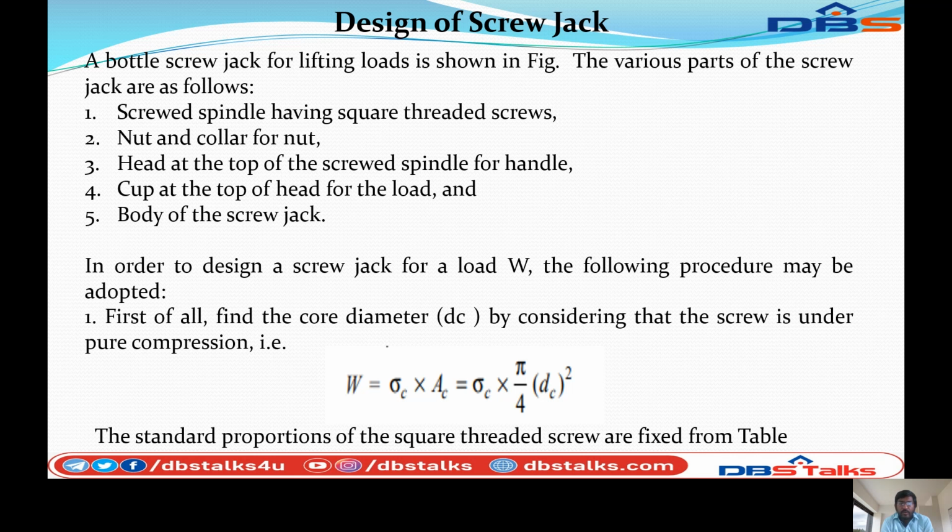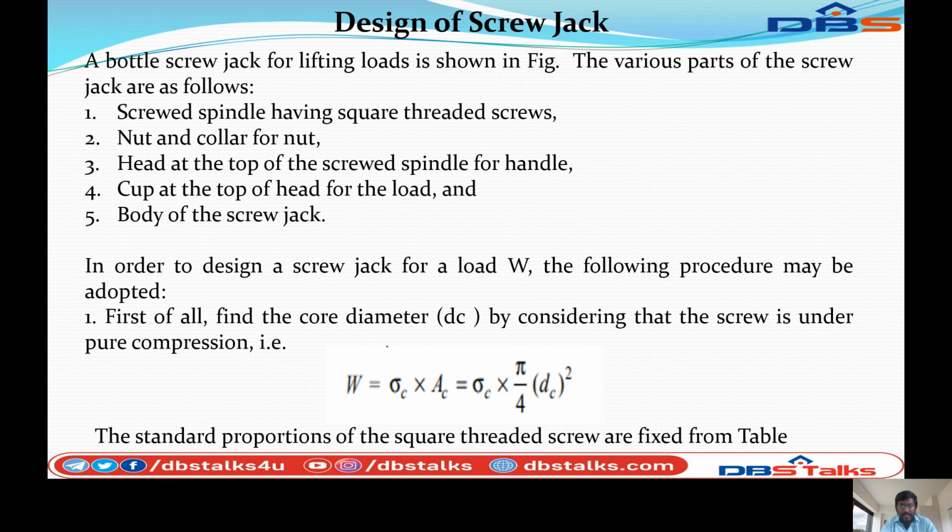The various parts of the screw jack are as follows: screwed spindle having square threaded screws, nut and collar for nut, head at the top of the screwed spindle for the handle, cup at the top of the head for the load, and body of the screw jack. So these are the parts of the screw jack.